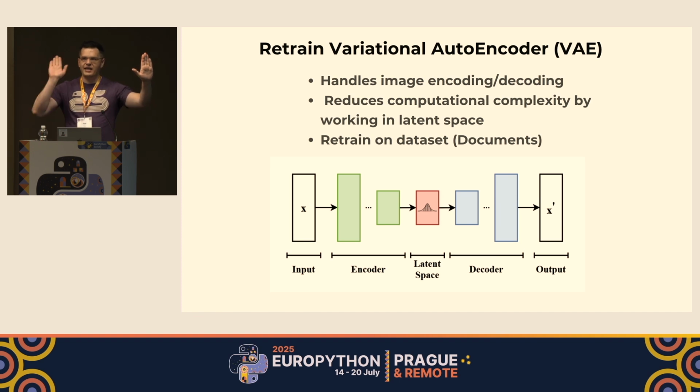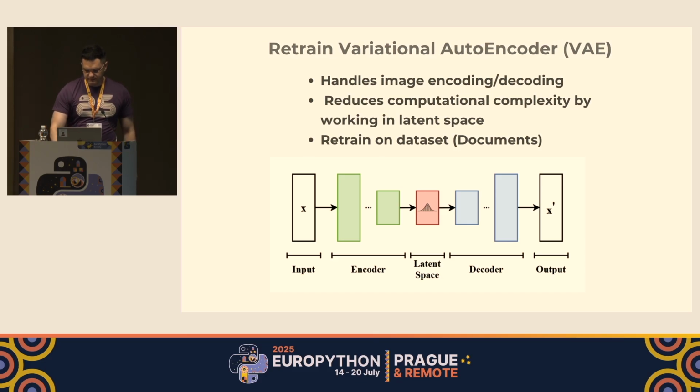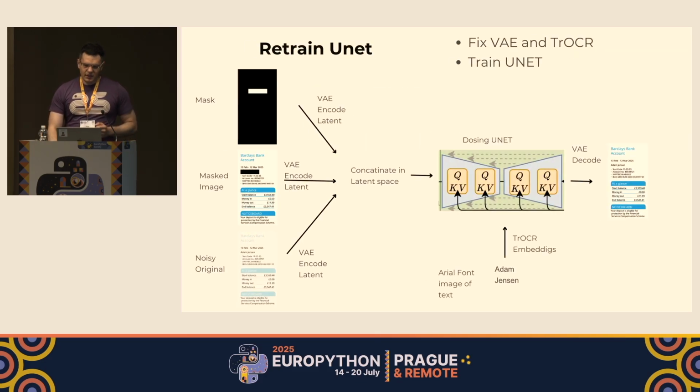Variational autoencoder first, and then the UNet. The variational autoencoder has to be retrained because it's trained on natural images. It can handle some text because in the underlying data set, there were signposts, menus, that kind of stuff, but we wanted mostly to handle text really well. So you retrain this first. Then you fix the variational autoencoder.